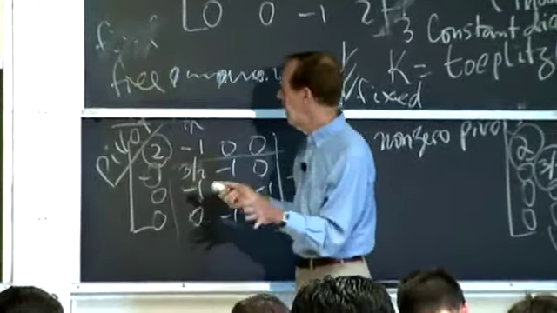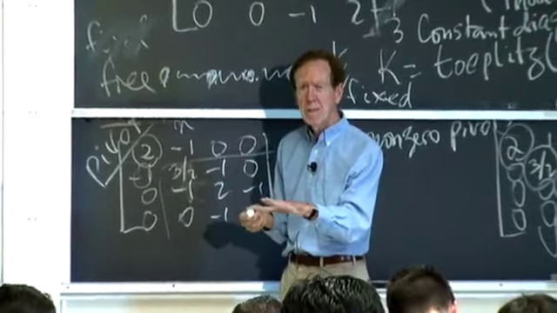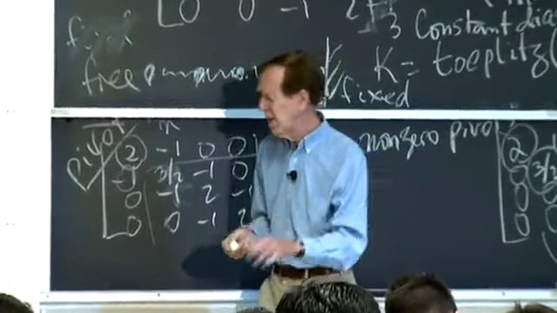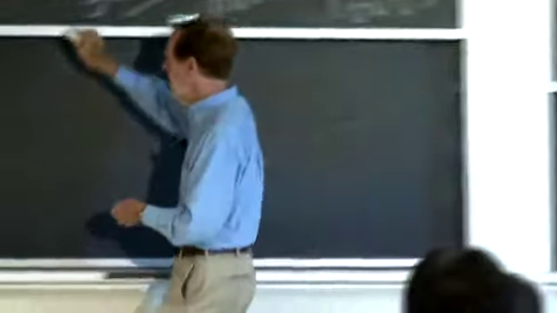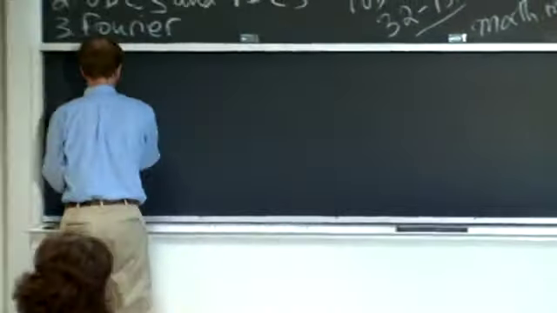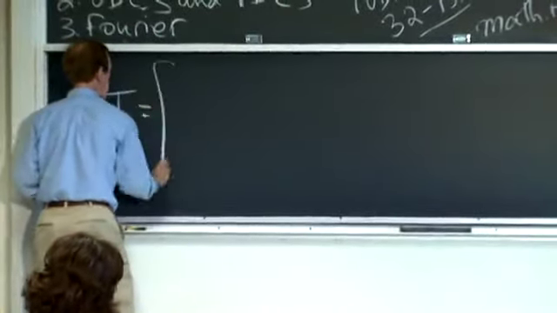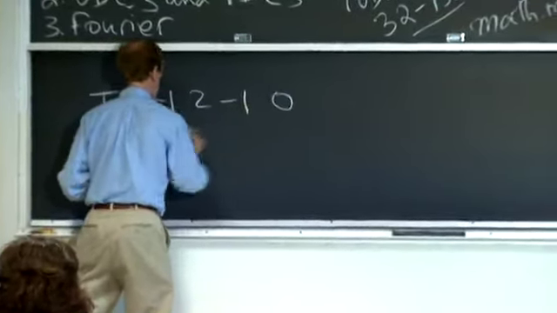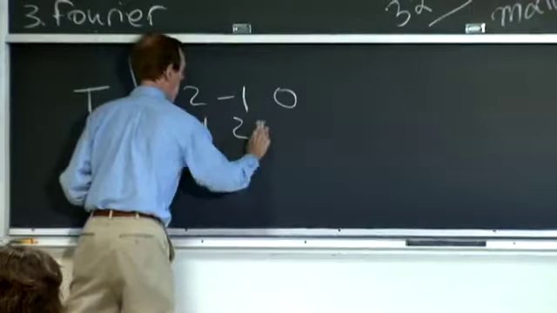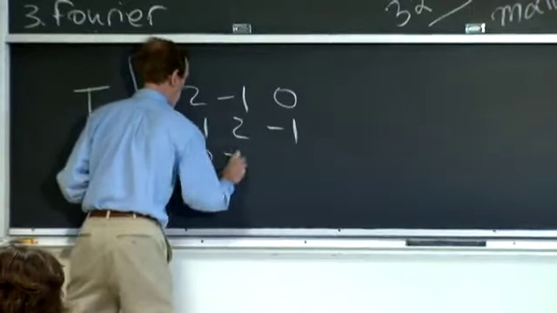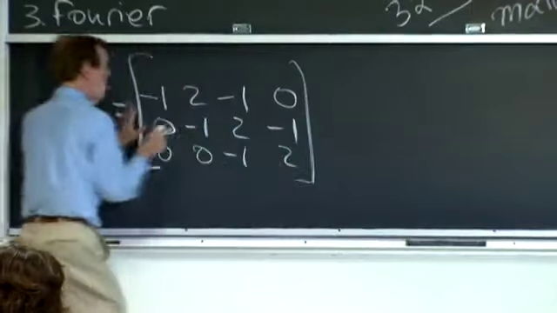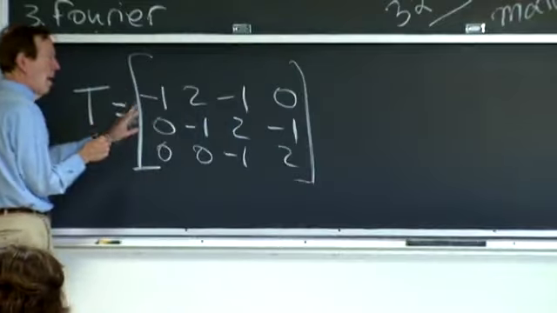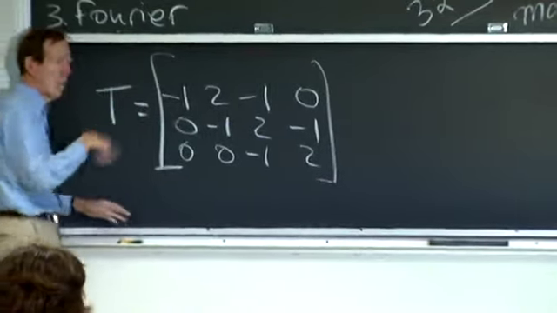And can I tell you the matrix, the free-fixed matrix? Free-fixed will be, because it's the top end that I changed, I'm going to call it T. So all the other guys are going to be the same. But the top one, the top row is the boundary row.